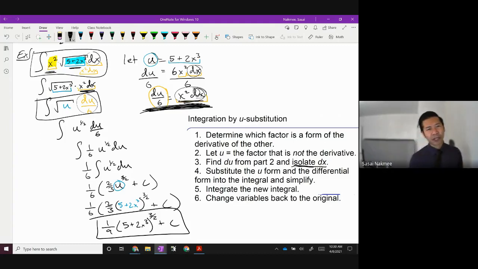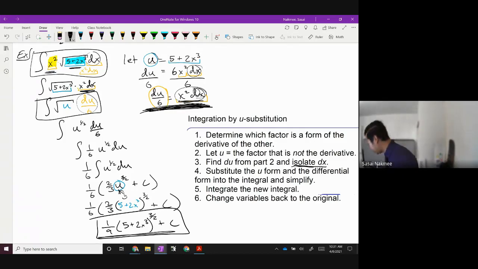It gives you a form that's a little bit easier to deal with. It's usually the power rule or a simple trig function rule that you know how to do. Once you integrate, the last step is to change the variables back to the original. You can't leave it in u form. You have to plug the original form back in for u, and then that will be your answer.